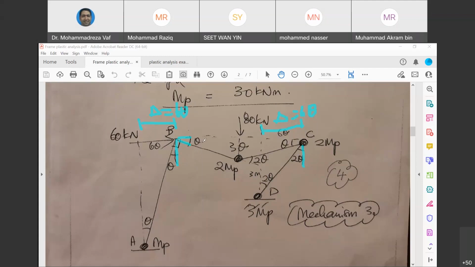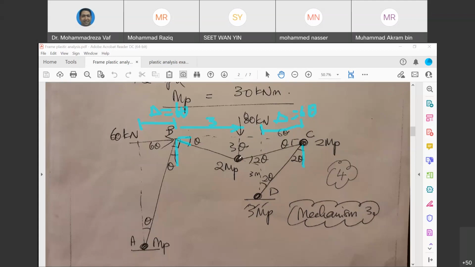So if this one is theta, since the load has also been applied in the middle, the other side is also going to be theta because they have a similar rotation, in the symmetry condition. And then if this one is theta and from here to here is 3 meters, 3 multiplied by theta is this delta. So you can easily calculate.